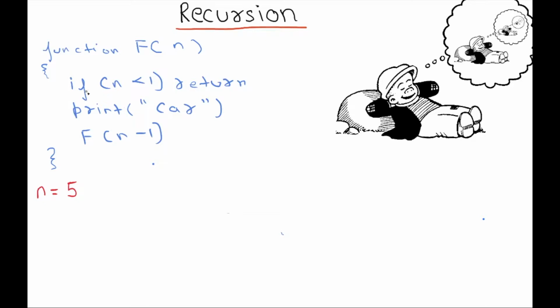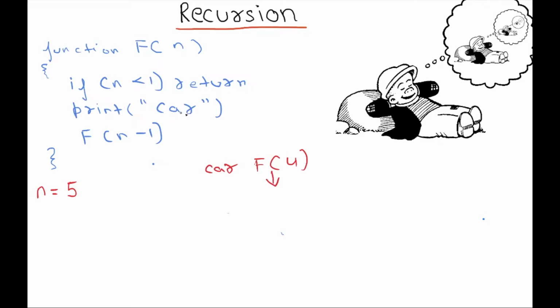In the first line, n is not less than 1, so we do nothing in the first line. In the second line, we print car. And in the next line, f(n-1) is called, so basically f4 is called. And now 4 is not less than 1, so it again does nothing in this line.